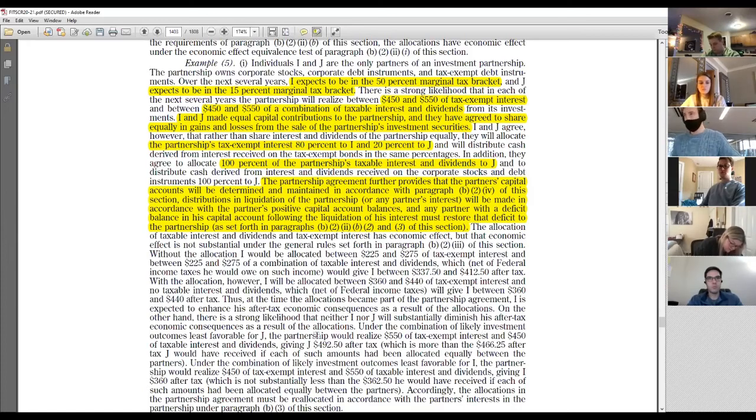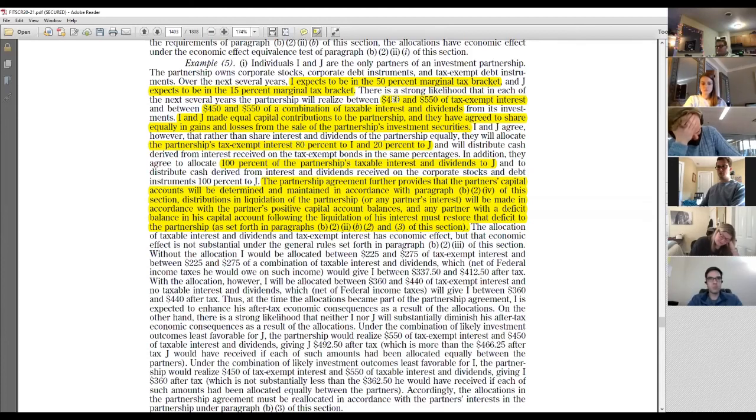Because high bracket is receiving disproportionately low amounts, 0% of the ordinary income, and disproportionately high amounts of the tax-exempt income, the worst case possibility for the high bracket payer would be the maximum amount within the range of ordinary income. So 550 of ordinary and the lowest amount of tax-exempt interest. So if high bracket's going to be worse off, it's going to be under that permutation. That's the highest chance of being worse off.